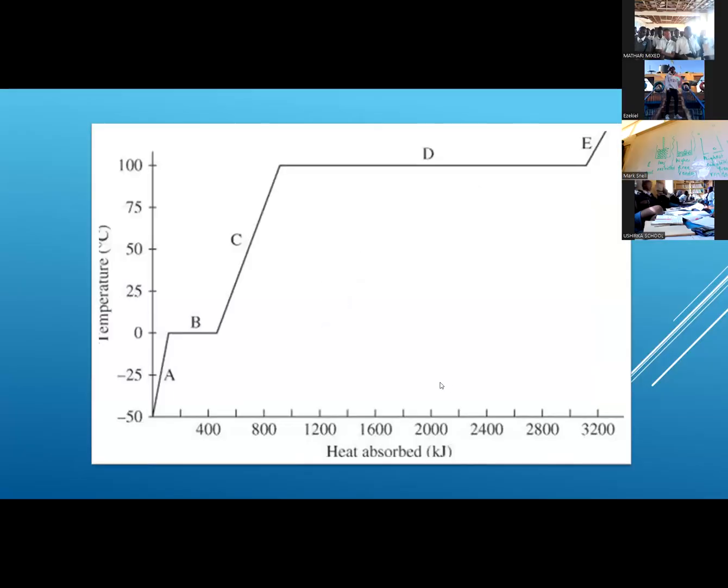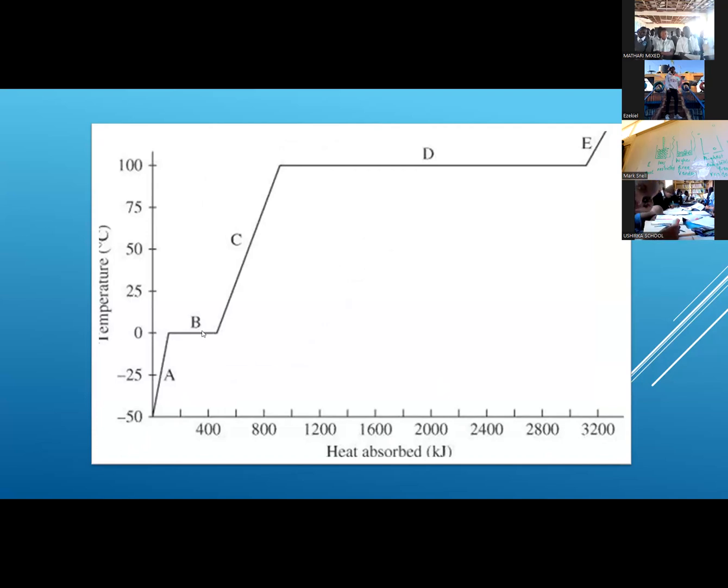It looks like this. If I am talking about water, then I get a graph where I'm heating up the ice to start with. Let's say the ice comes out as -50 down at the bottom here, and I heat it up and I keep on heating it up. It keeps on warming up, and then suddenly it stops warming up.